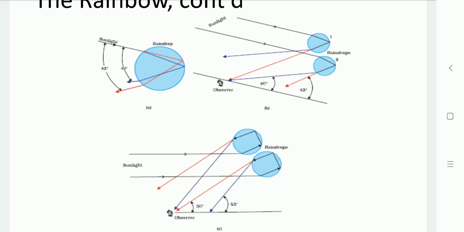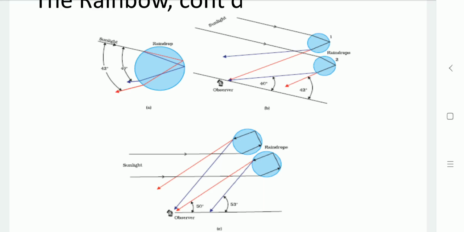This component strikes the inner surface of the water drop and gets internally reflected from the other surface of the raindrop. So here total internal reflection is available, when the angle is beyond the critical angle, 48 degrees.